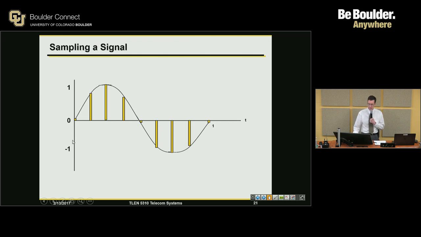Okay, so we're back to PAM. I have to go change the order of those slides a little bit. So I've got my sine wave there, and then at specific intervals I do some sampling.